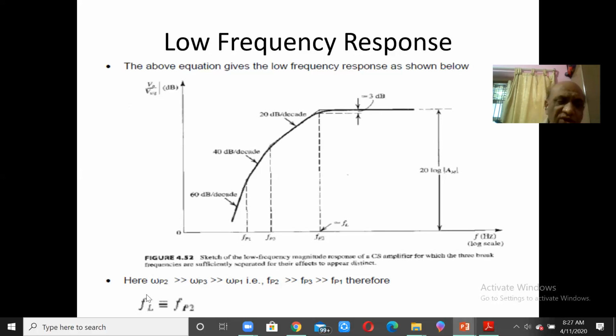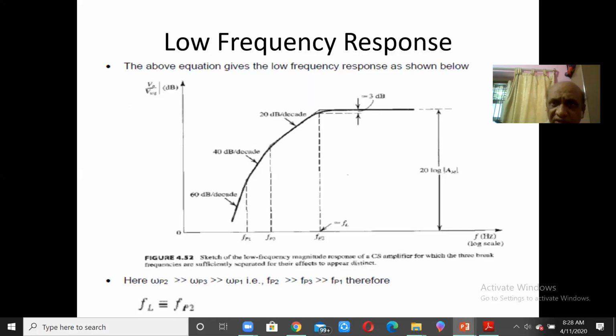Therefore, you can consider FL as almost the same as FP2 rather than FP3 and FP1. They might have an effect, but the effect due to these will be very small compared to this, because this corresponds to the dominant pole. That's why we can approximate FL to be equal to FP2. So with this, we come to the end of lecture 3, part 2.